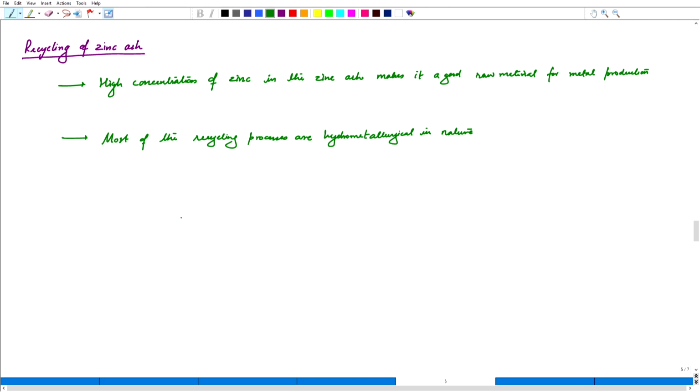It means that zinc ashes will be taken up and it will be subjected to leaching. First, one has to go for pre-treatments, understanding that zinc ash is to be crushed, ground, and it has to be brought down to its smaller particle sizes so that the leaching process becomes more efficient.